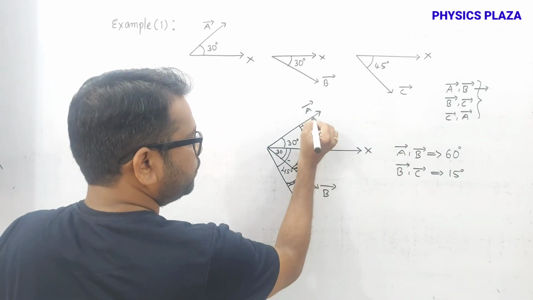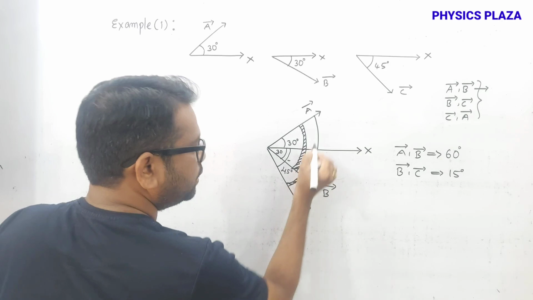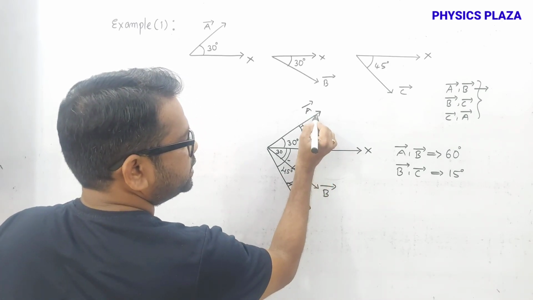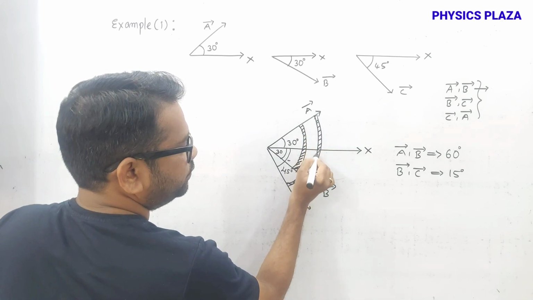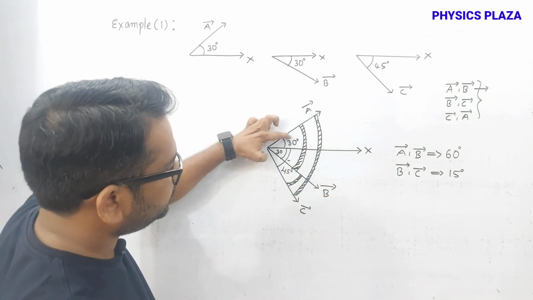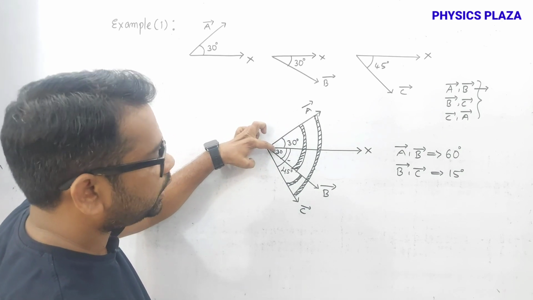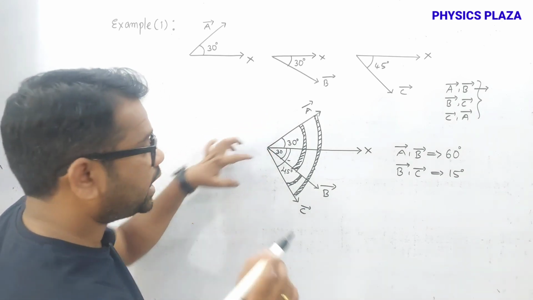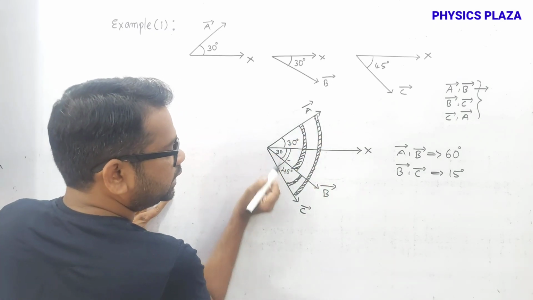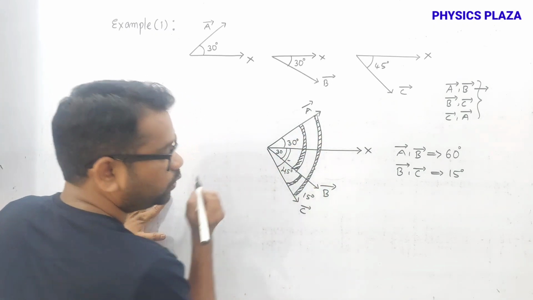Now the angle between C and A. We want the complete angle, this is the angle between A and C. So look at it: 30 plus 15, which is 45 plus 30. Don't get confused.